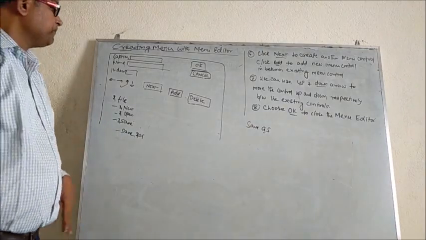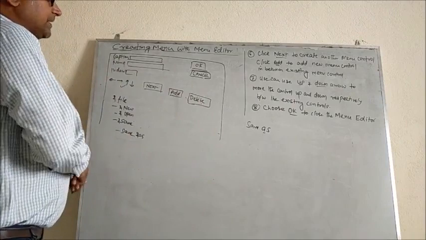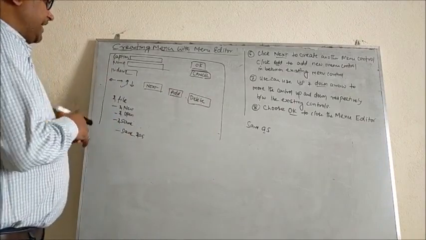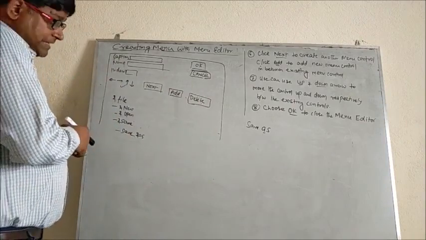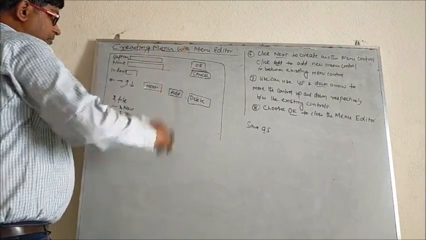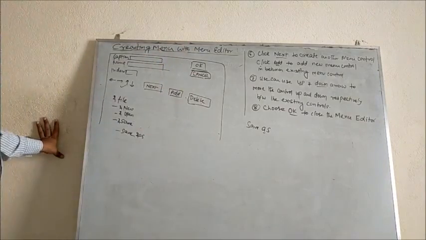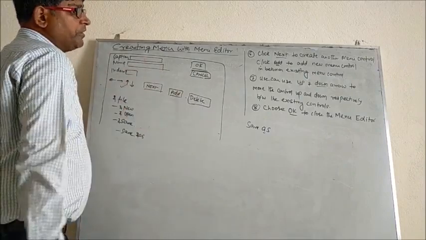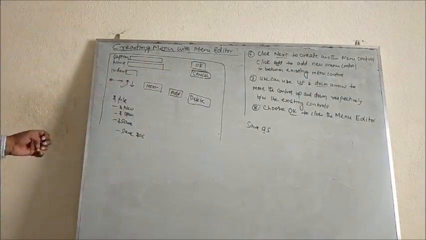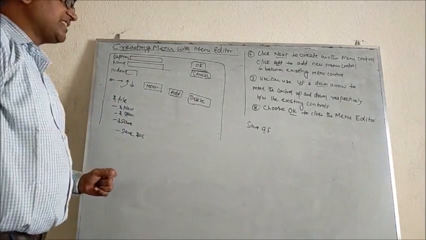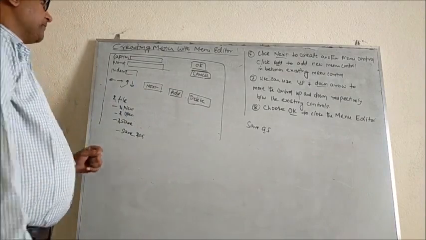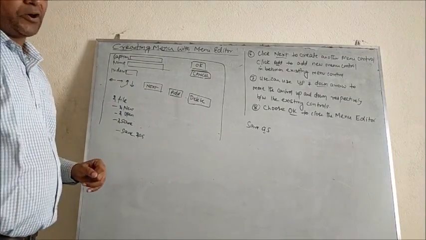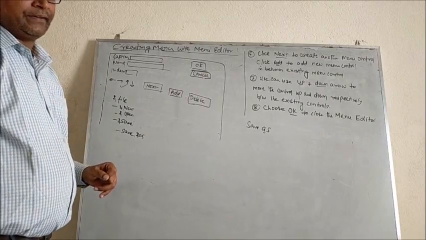And after doing all these customizations, if you agree on the final outlet, you can press OK to finalize whatever changes you have done. Or if you are not satisfied with the changes, you may cancel all your performed tasks. So this was the basic step-by-step understanding of how menus are created with the help of the menu editor. Thank you.